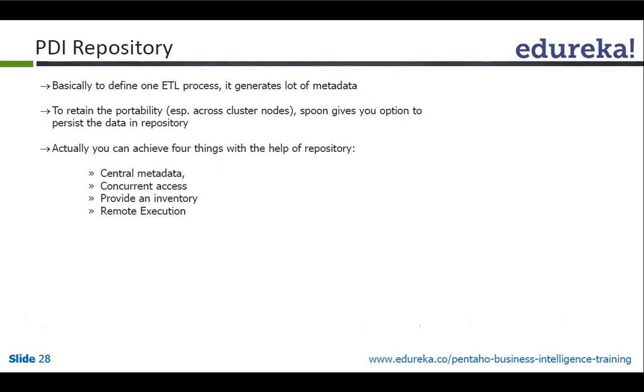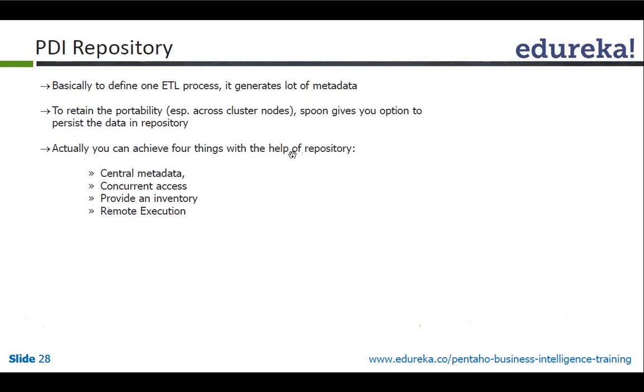You don't need to copy and send the data through some different channels. So that portability can be maintained. Portability can also be maintained across cluster nodes when you're running in a clustered environment, the DI server.